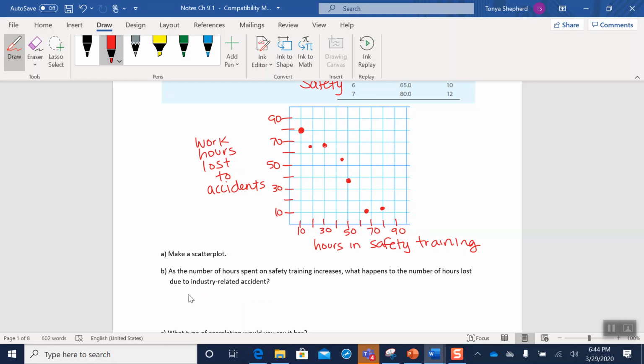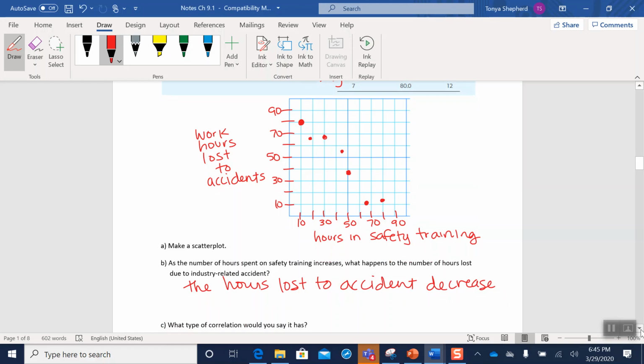Okay, right. The hours lost to accident decrease. Okay, so in math, what do we call that? They are inversely proportional.